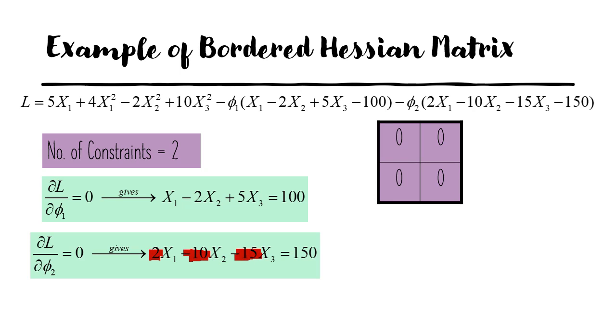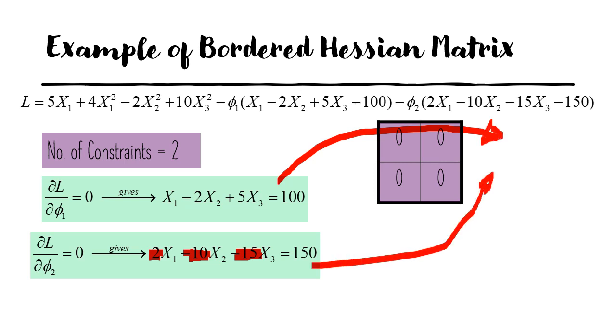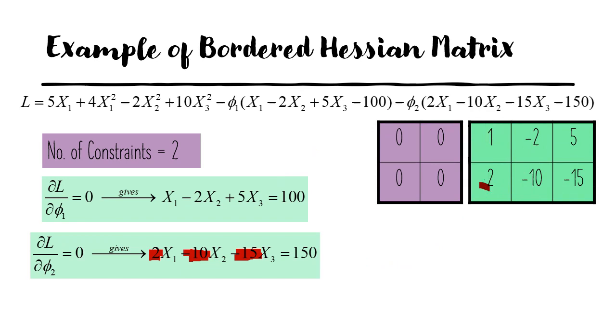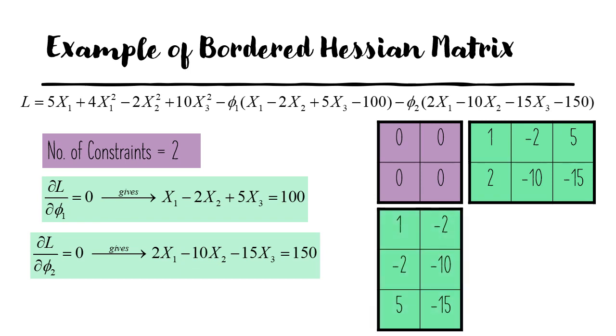I am going to include these row wise. The first one goes to the first row and the second one goes to the second row, so you will get something like this. The coefficients are indicated as mentioned here. The same has to be written column wise for the third segment. So it is like this, you can see.